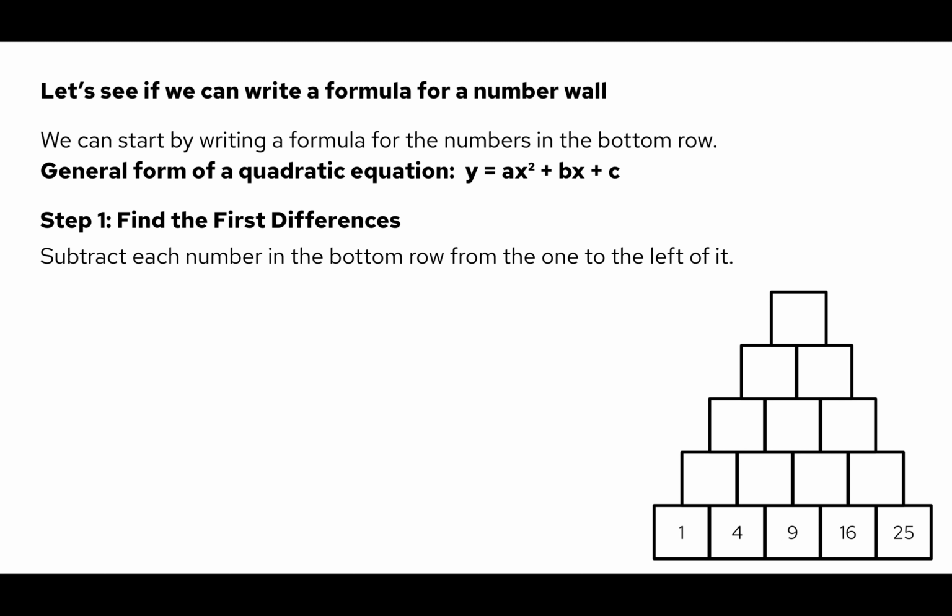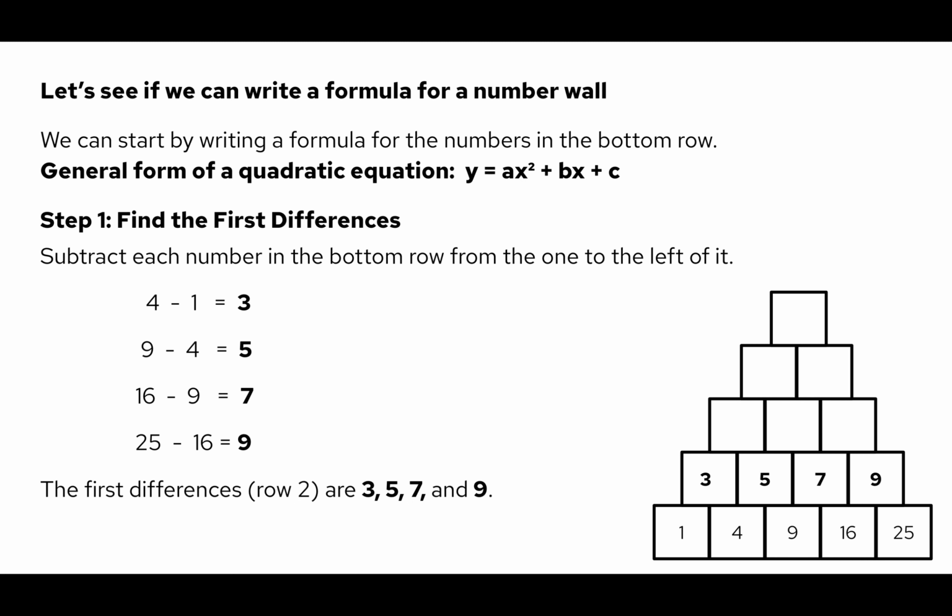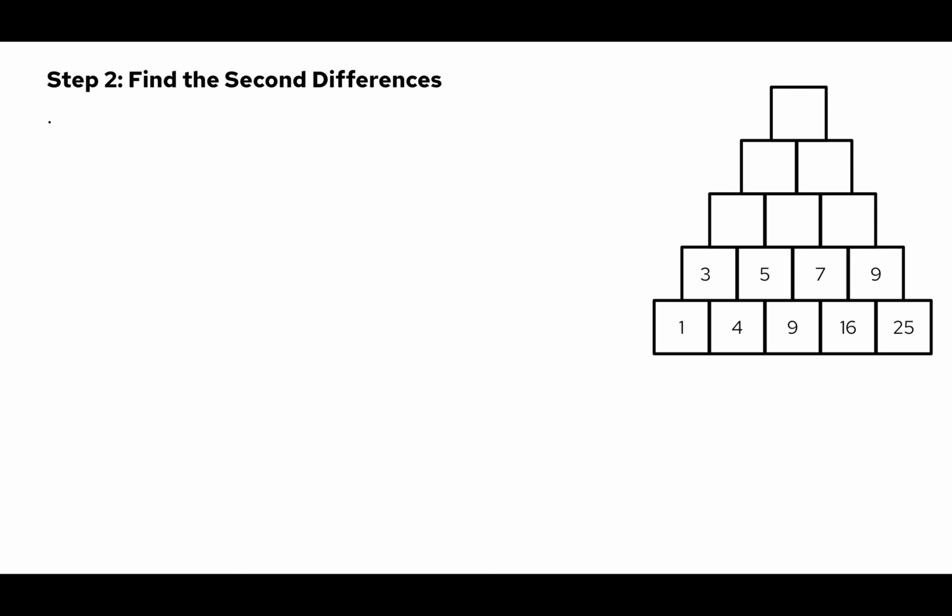So we subtract each number in the bottom row from the one to the right of it. So 4 minus 1 is 3, 9 minus 4 is 5, 16 minus 9 is 7, 25 minus 16 is 9. So now I have my second row. The differences in row 2 are 3, 5, 7, and 9.